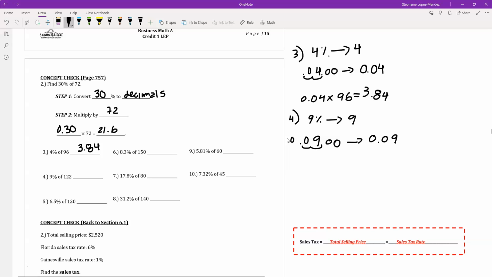Now that I have that, I multiply 0.09 times 122. I go to my calculator.